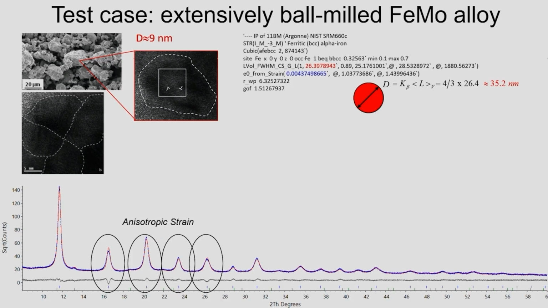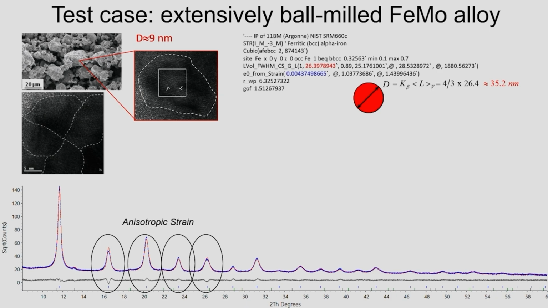So if there is strong strain in the material, the broadening will be different along different directions in the crystal. For example, iron has a stiff direction along the 111 direction. This is the stiff direction of cubic metals, whereas it is softer, more compliant, we should say, along the cube face direction, the 100 direction.